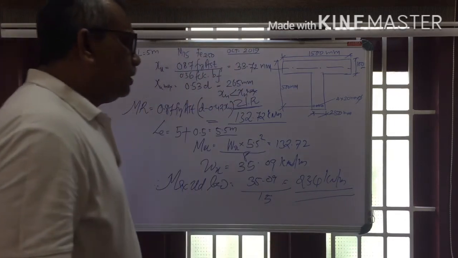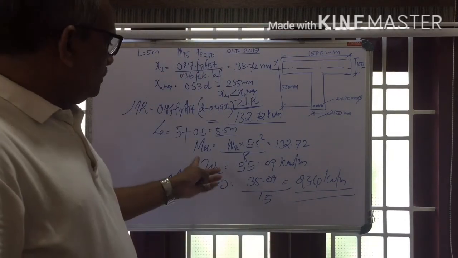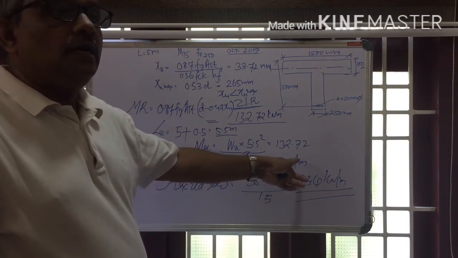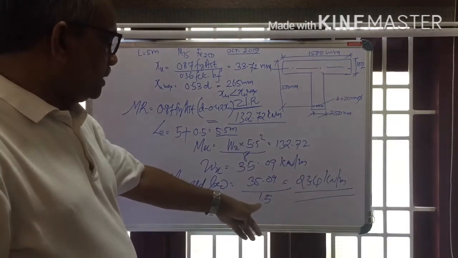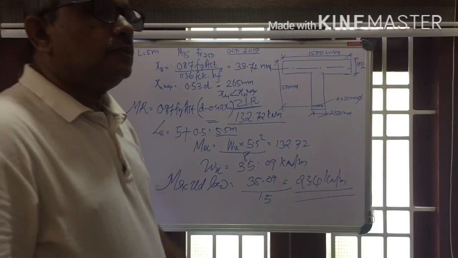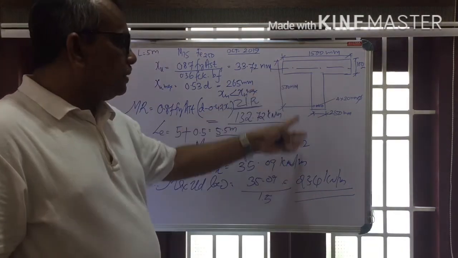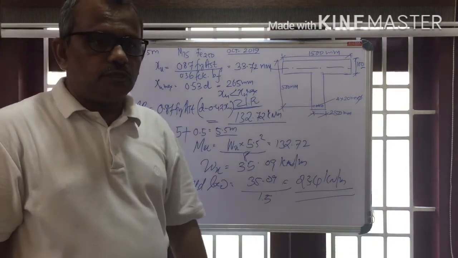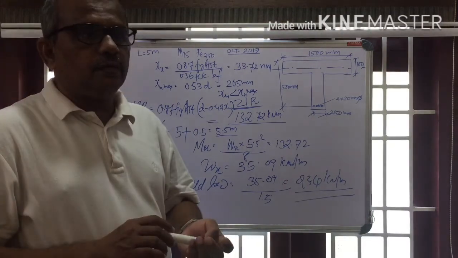So that is the allowable load it can carry. Even though we got the maximum load as 35.09 kilonewton per meter, we have to divide it by the partial safety factor to get the allowable load the beam can carry. It's equal to 23.4 kilonewton per meter.